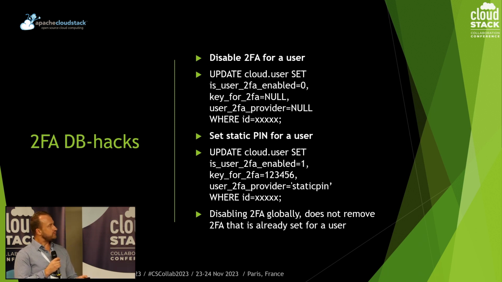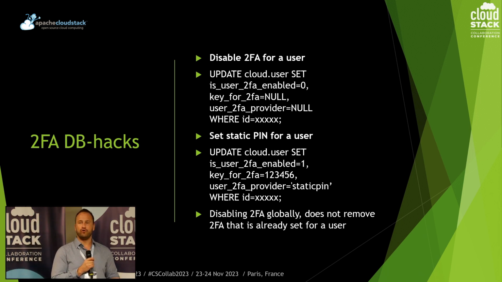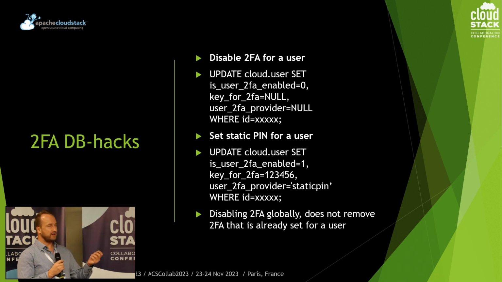So if for any reason you want to disable 2FA for a user or for maybe all 10,000 users in your organization, you can literally just update the user table and set specifically the is user 2FA enabled field to 0 and a couple of other fields to null, where user ID equals XXX, or without this clause, obviously, this will reset or disable 2FA for all the accounts. Again, you can use the API for this to automate, or you can do it the good old-fashioned way, like we did maybe 10, 15 years ago when we were kids.